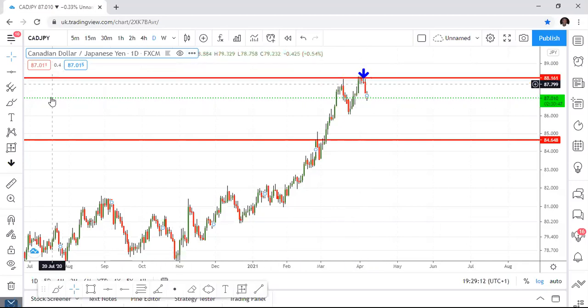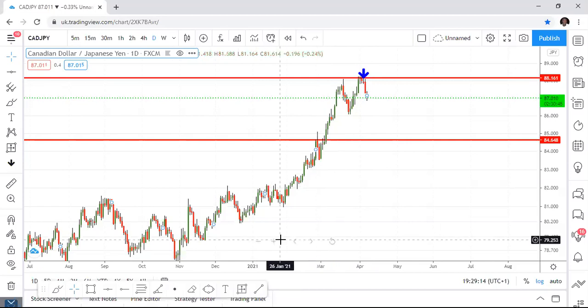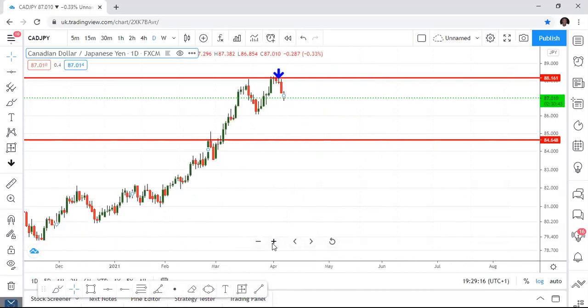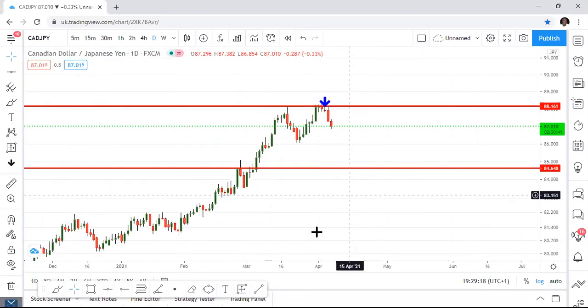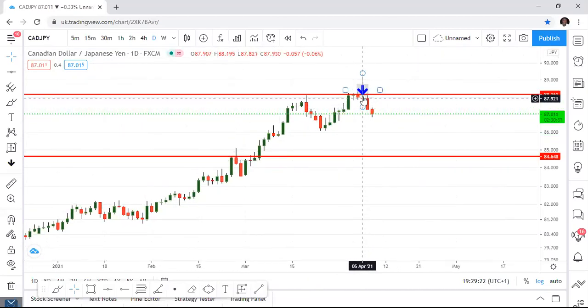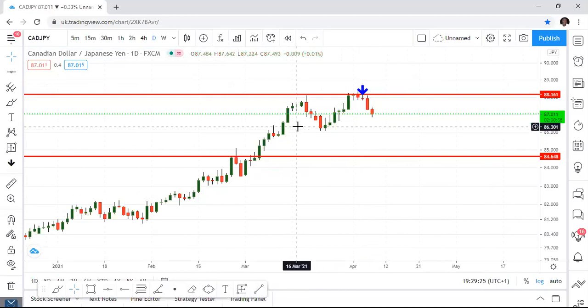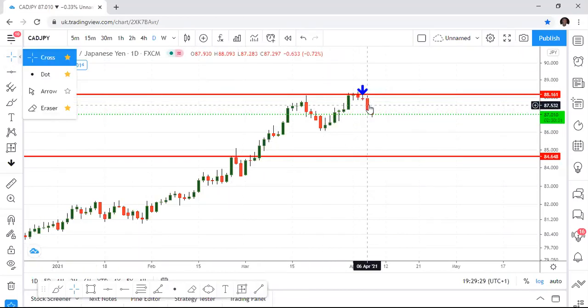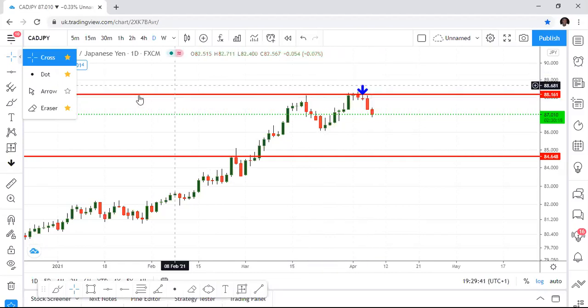You can do two things when you are selling. Look at this candlestick. This is your confirmation candlestick. You can do a sell stop, meaning that you place your trade like this at 87.629. That will be your entering price. Your stop loss will be here.